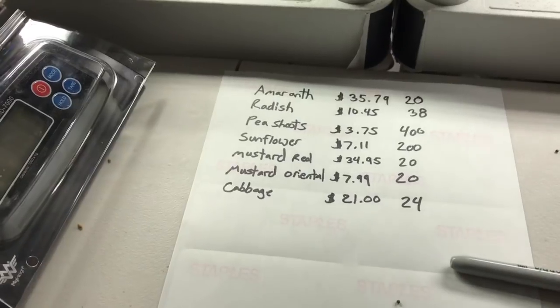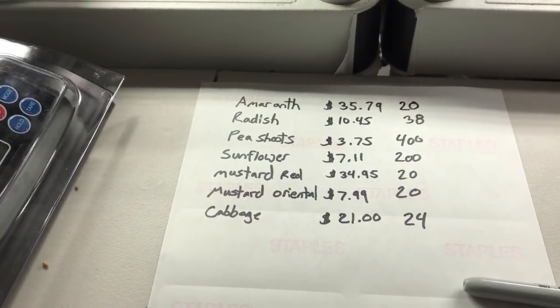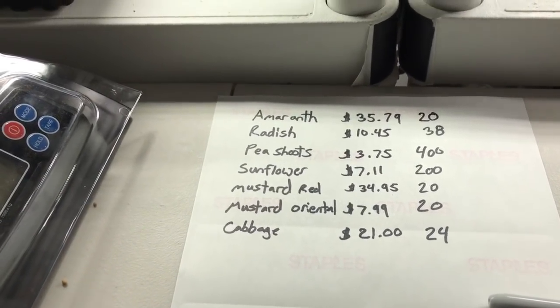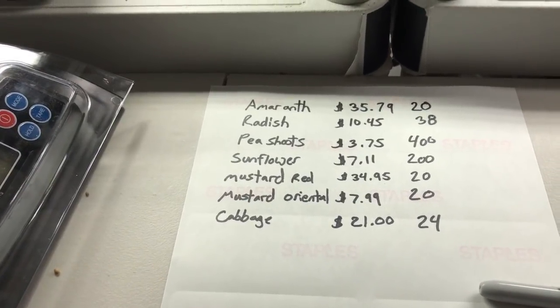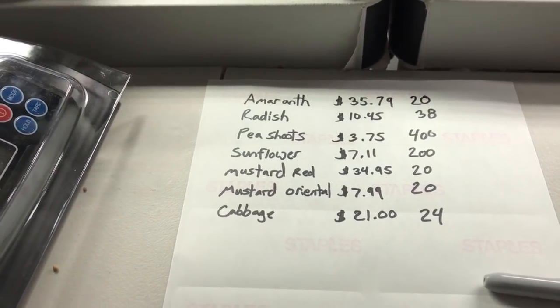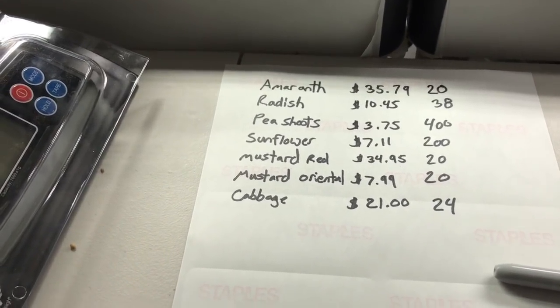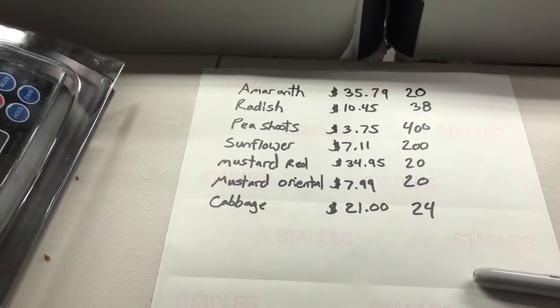Let's go with something else a little bit more interesting here. So my pea shoots and my sunflower, I actually got the price for 5 pounds and then divided by 5, because they're very expensive if you buy it by the pound, and it's silly to do that. Don't buy pea shoots and sunflower by the pound. I buy it by 5 pounds, but honestly, you should probably be buying 25, depending on how much you're using.